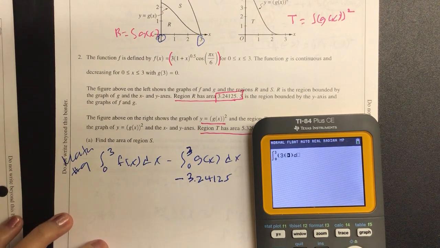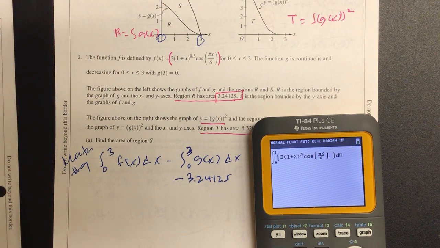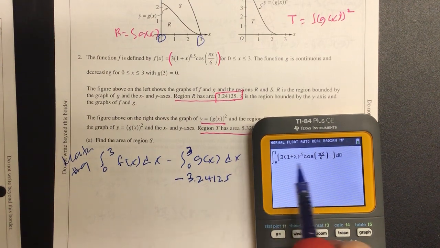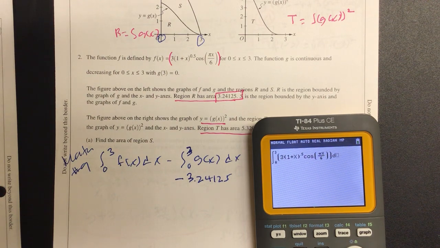So we have 3 times 1 plus x to the power of 0.5 times the cosine of the fraction pi x over 6. I will need another parenthesis to close the cosine part. If you count how many open parentheses, you should have that many closed parentheses. And it's dx.